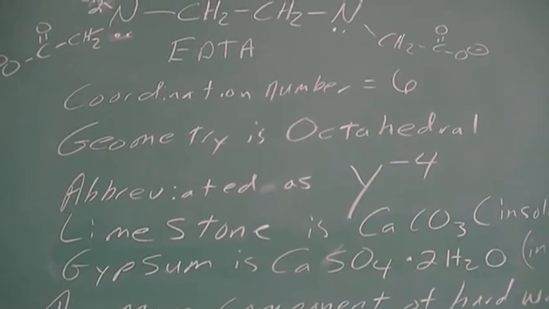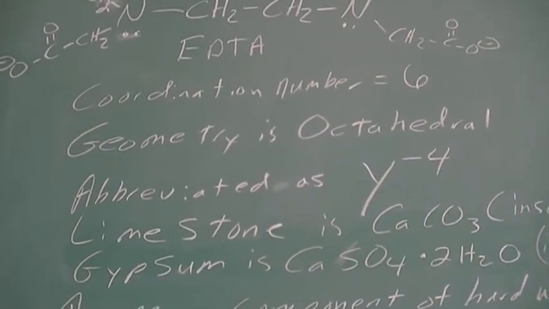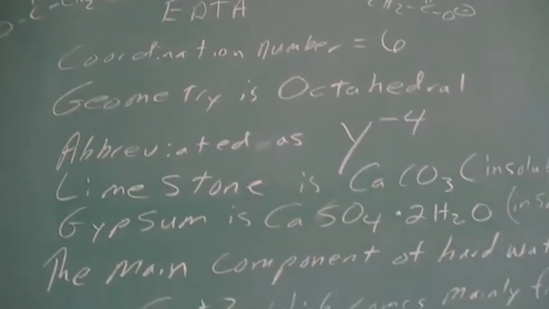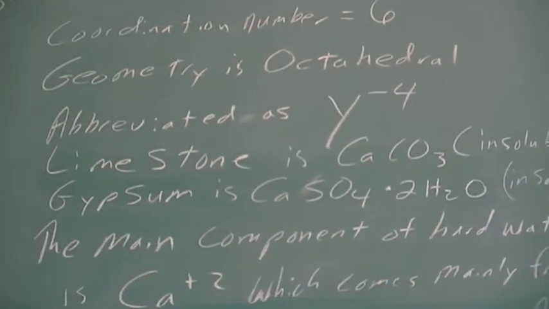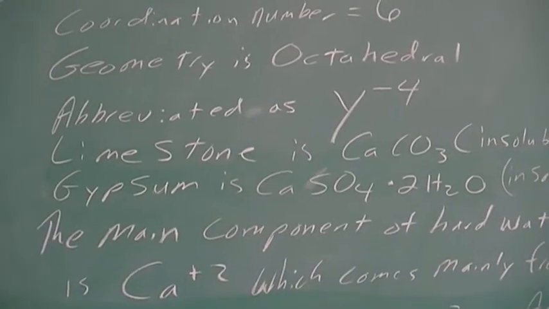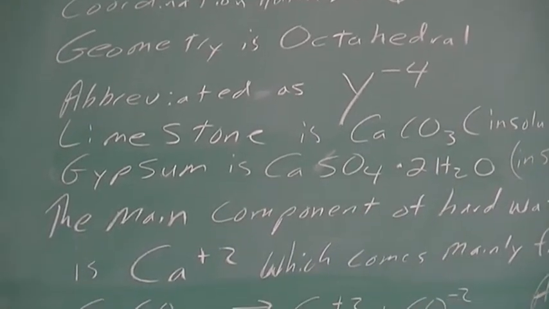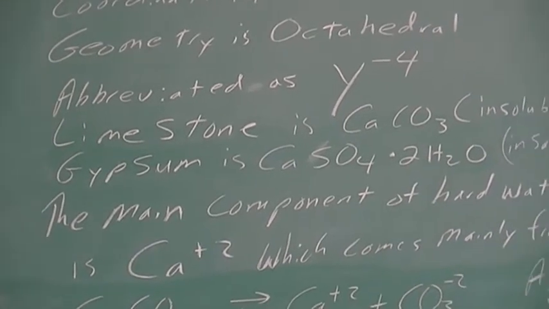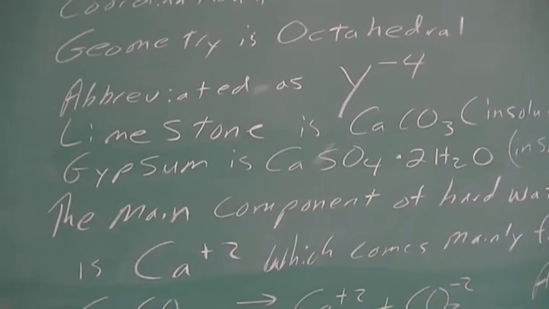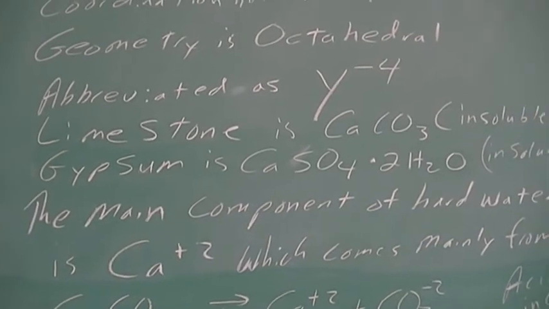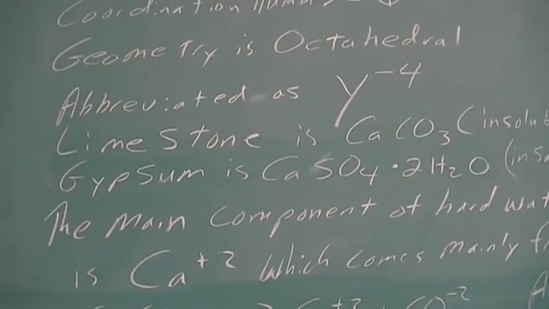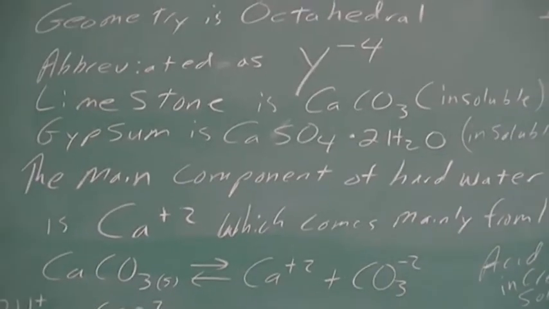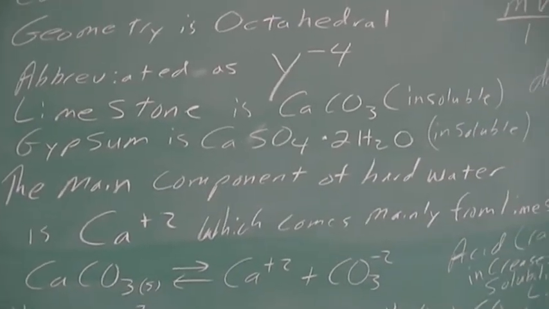So our first part of this experiment, we're going to find the hardness of the water. All right, so the main component of hard water is calcium ions. Magnesium is also a significant component, but for this lab we are going to consider the calcium to be really the only component in our calculations.